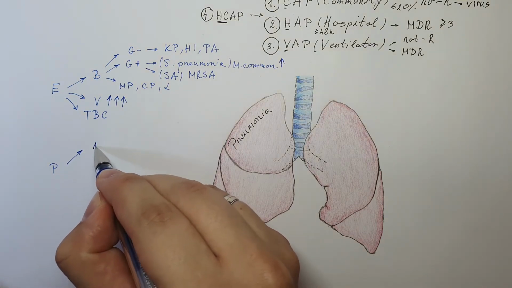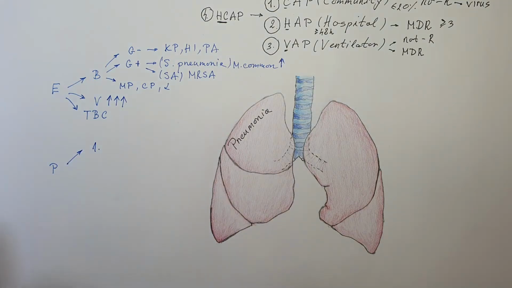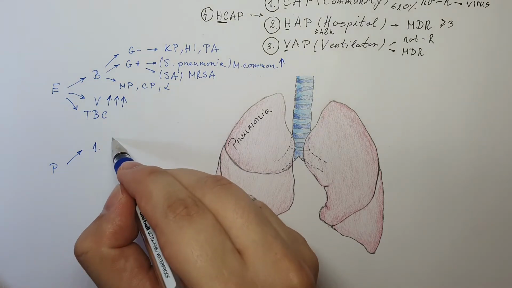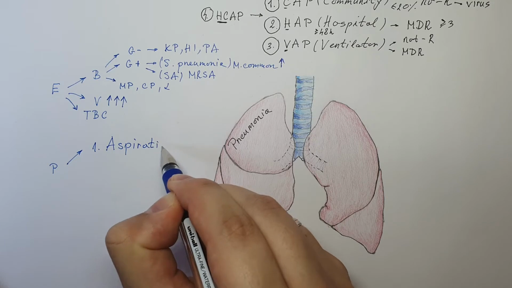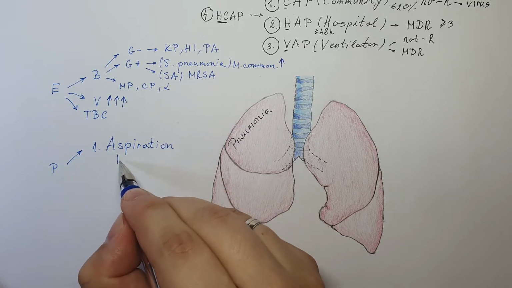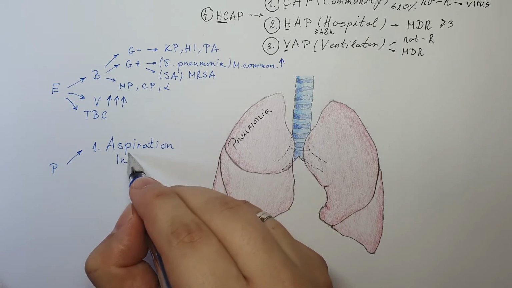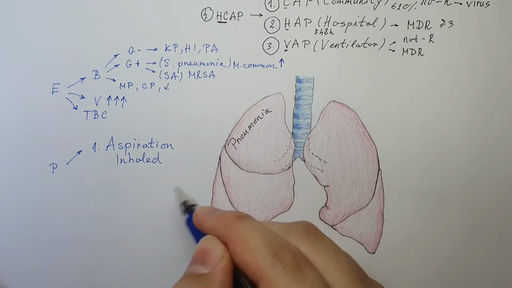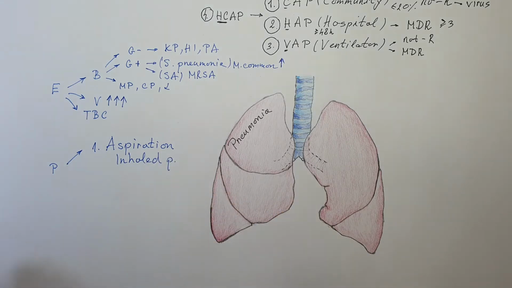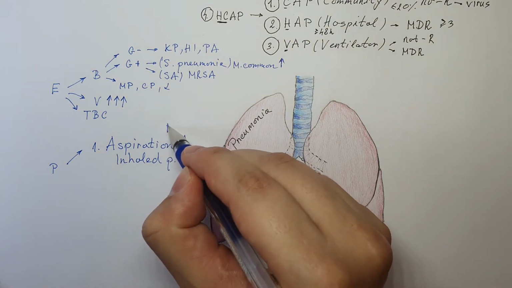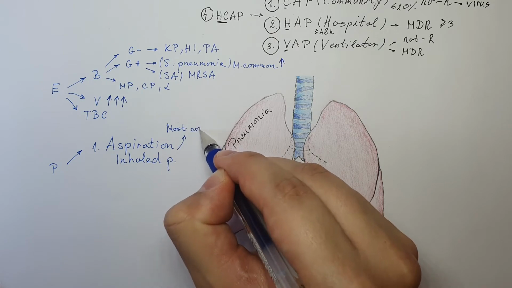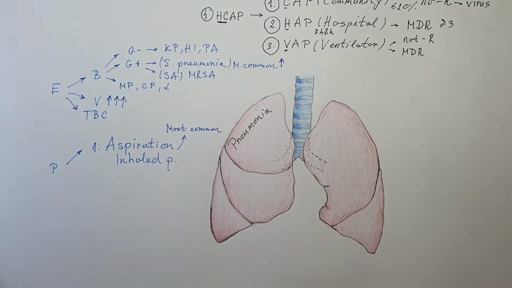When it comes to the pathophysiology of pneumonia, there are three main ways we develop pneumonia. The first one is the most important and most significant one, and that is aspiration and inhalation. So inhaled pathogens and aspiration is the most common way we develop a pneumonia.